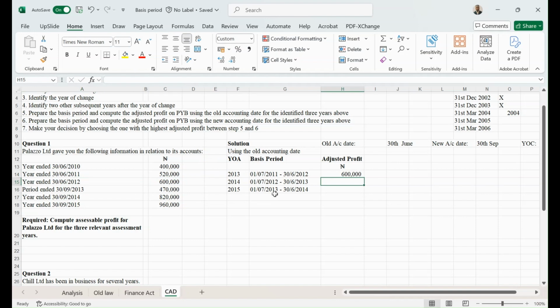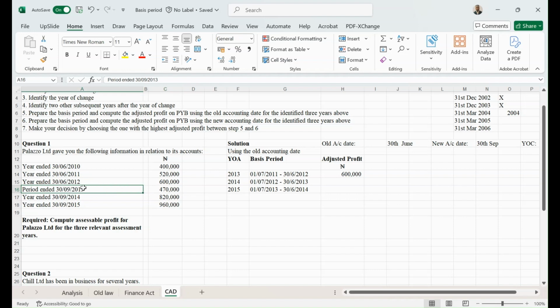Now, the next one, I'm looking for these dates: 1st July 2012 to 30th June 2013. If this 600,000 ends in June 2012, it means that this 470,000 would have started from July 2012.